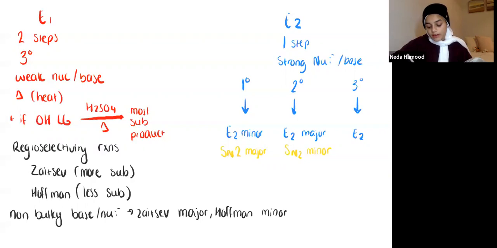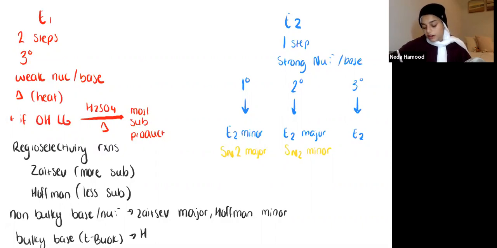But if you have an actual bulky base, an example is tert butoxide, I know Dr. Dowdy really likes that one, you're going to have Hoffman, which is the less substituted, as your major product, and Zaitsev as your minor.